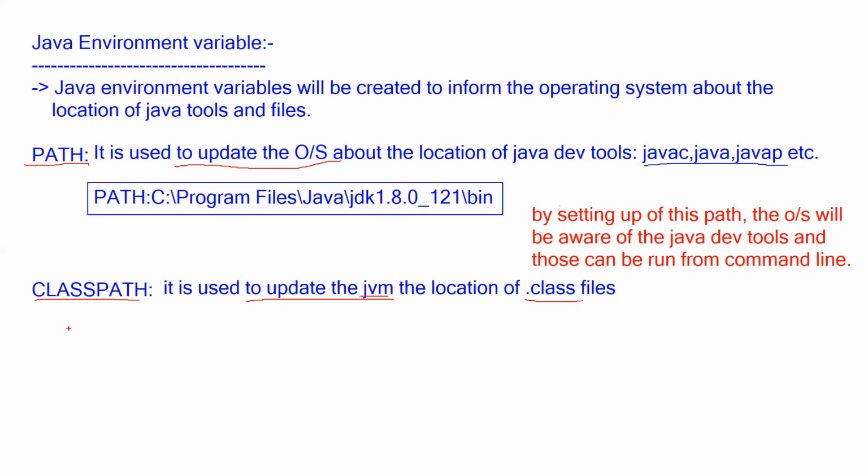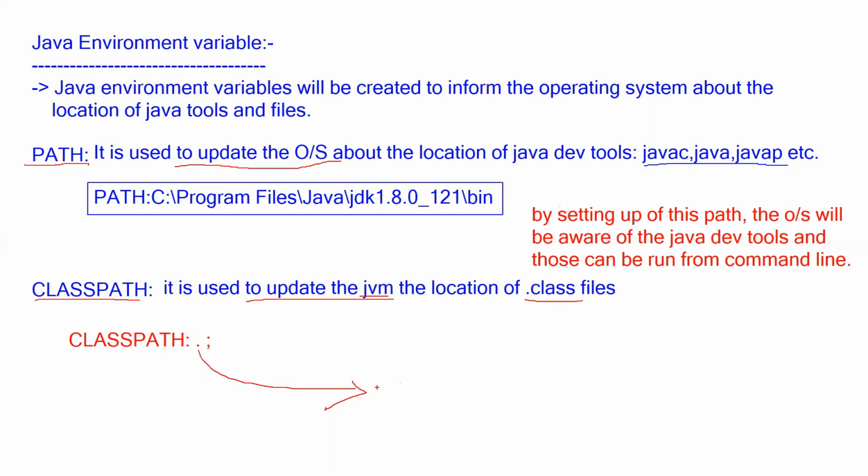So how do you create that? Here we'll be creating it like this. Class path, and generally we give dot semicolon here. Dot means the current directory. So in the current directory, you can search for the required .class files. So that is the meaning of it.